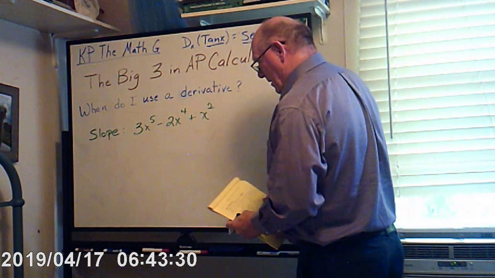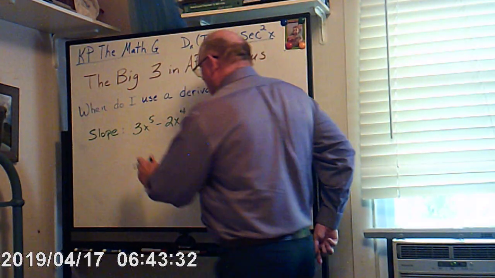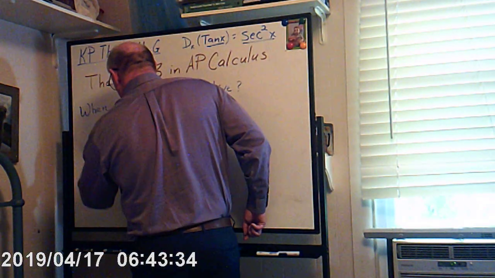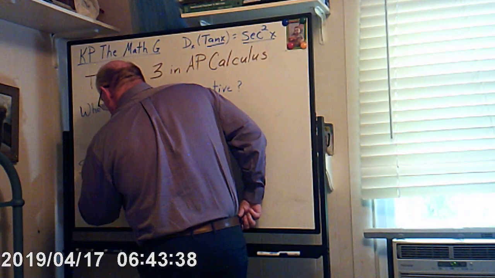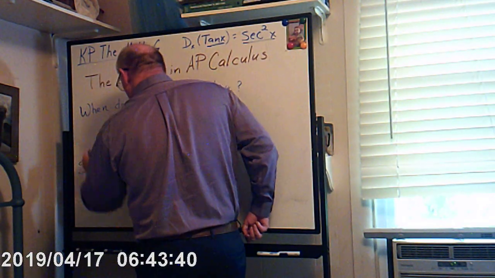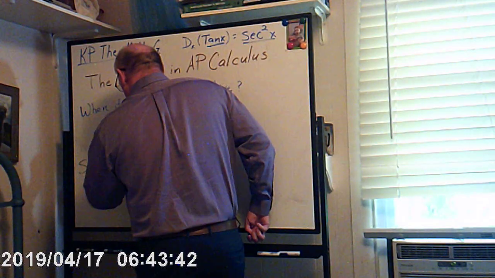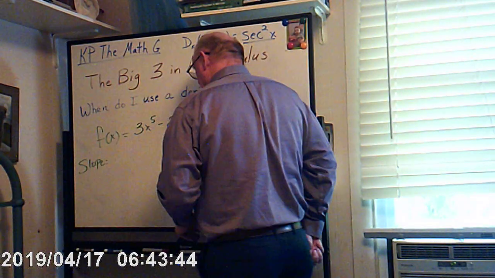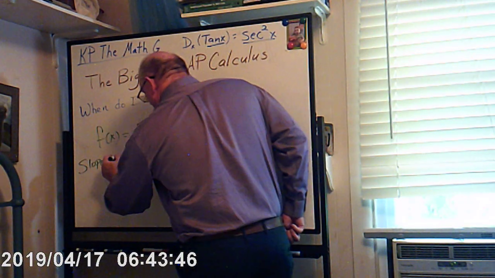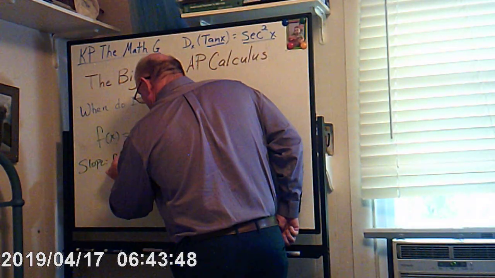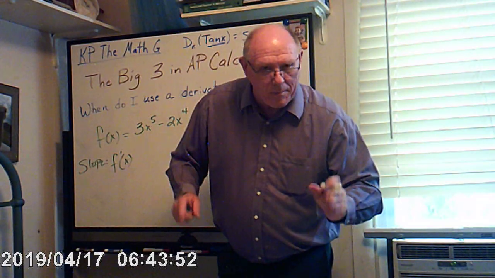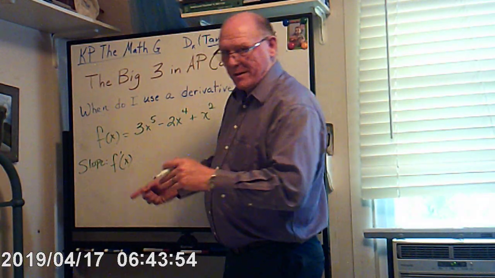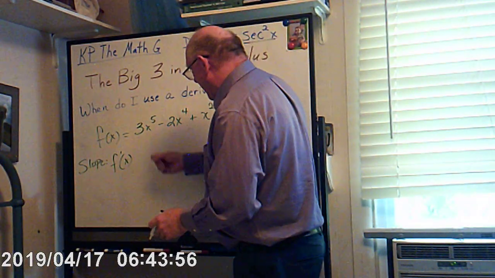I want to know the slope. If I'm finding the slope, let's put the word slope down here. We're going to call this function F. So I want the slope of F. If you see that little mark right there, that's the first derivative. That means I'm looking for the slope.